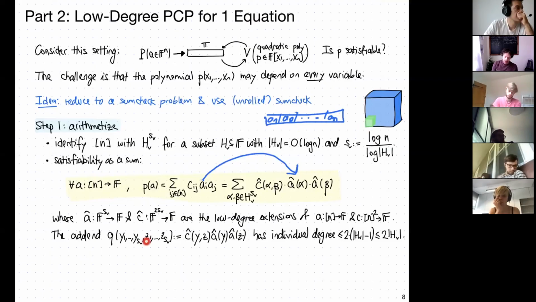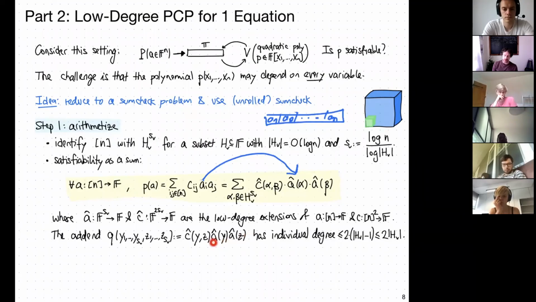So when we're looking at this term that we get, which we'll denote the function q, we get a function of individual degree which is twice the size of H, v. To see that, you just count how many points you have to fix.